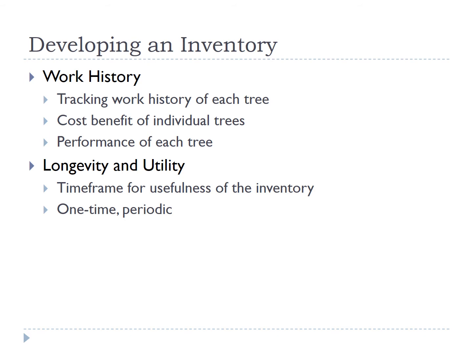Typically speaking, an inventory is really only good for a few years. As trees within that inventory fail or are pruned or removed, trees are coming out of that inventory and trees are going in, and so it does have to be updated to be useful long term. So if I conducted an inventory in 2010 and now it's 2020, my data is 10 years old on that inventory. Is that a good enough window?